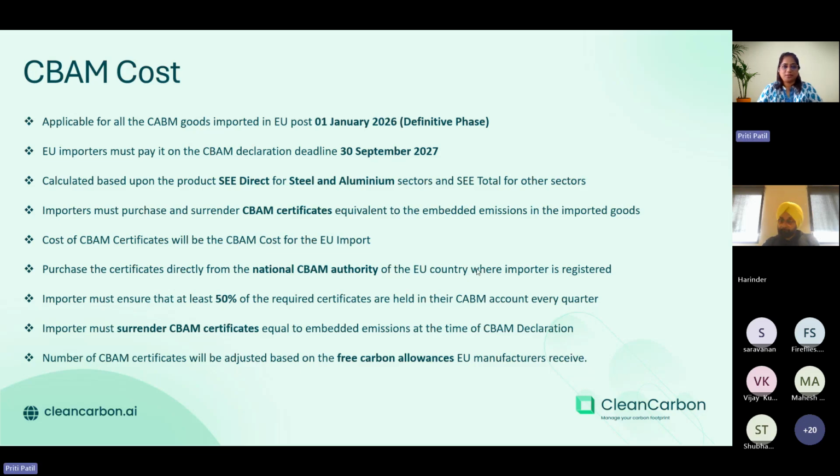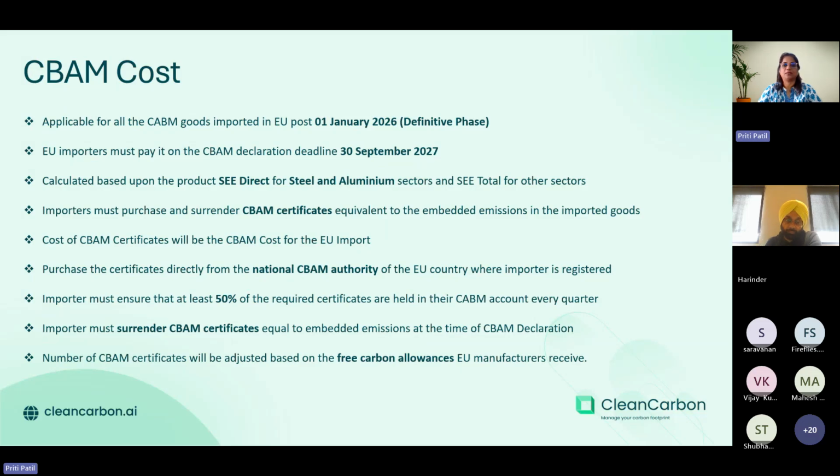So firstly, let's understand what is CBAM cost. CBAM cost is applicable for all the CBAM goods imported in EU post 1st January 2026, which is called the definitive phase.